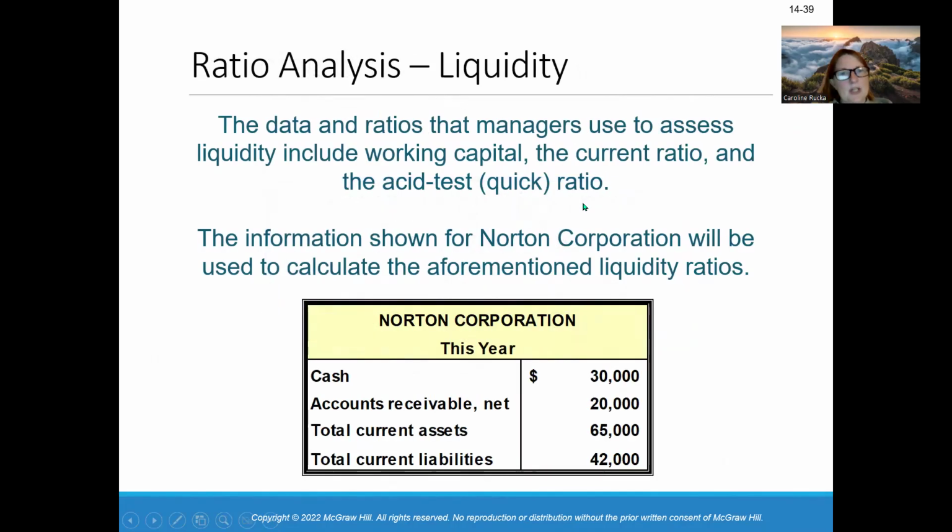Okay, so the first bit we're looking at is liquidity. That measures how quickly you can convert your assets to cash, though we use that exact verbiage later.